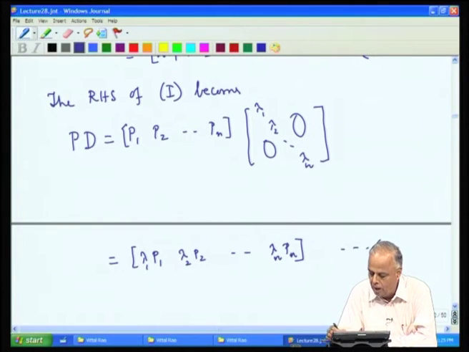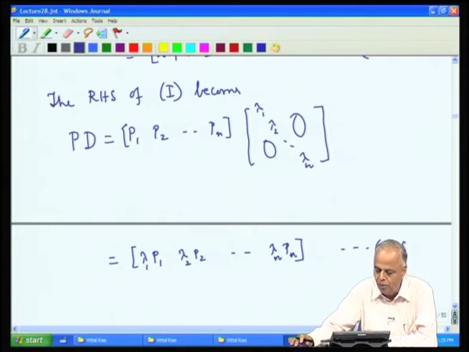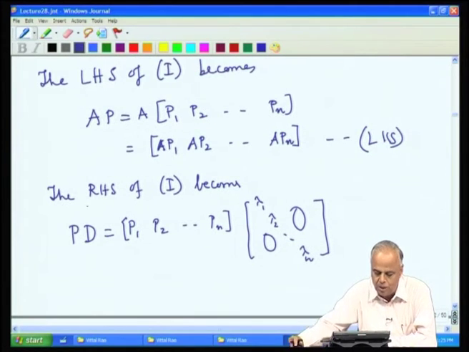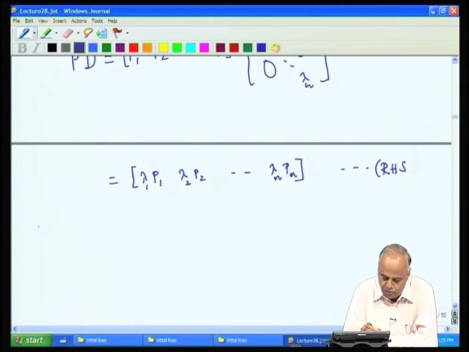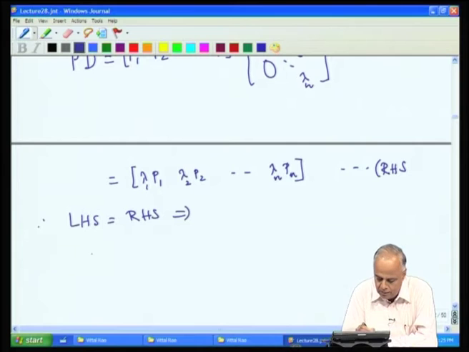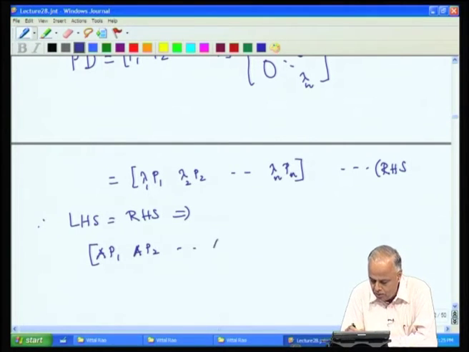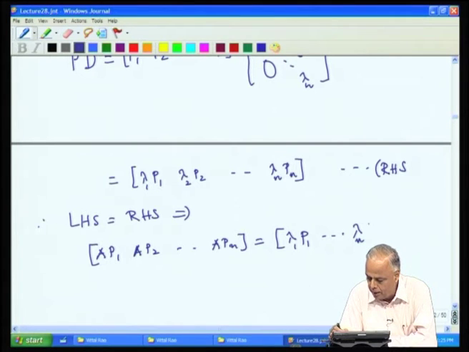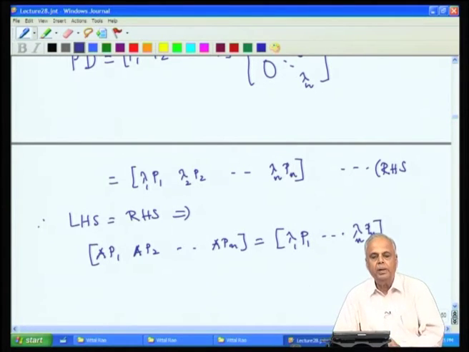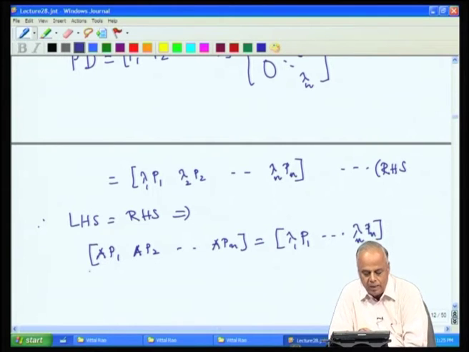So, this is the RHS and therefore, equating the LHS to the RHS, the matrix A P 1, A P 2, A P n must be equal to the matrix lambda 1 P 1, lambda n P n. That means the first column on the left hand side is A P 1 and the first column on the right hand side is lambda 1 P 1.